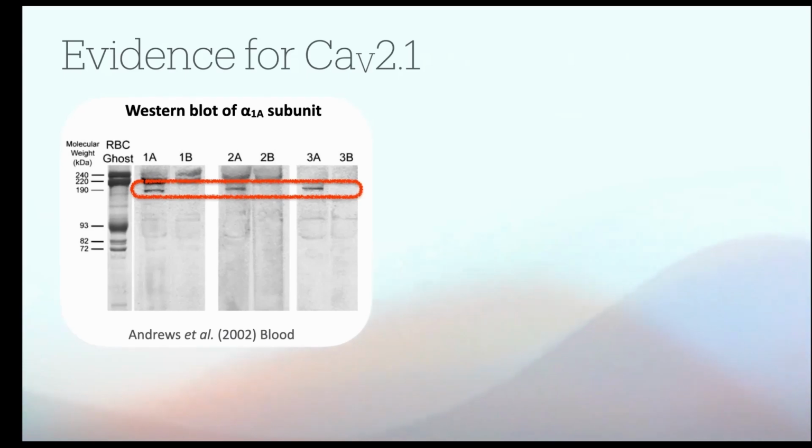So this is the Western blot band of three different donors, and in A you see the normal Western blot, and in the B lines you see how it looks like if the proteins were incubated with a blocking peptide, so that is here used as a proof of the specificity of the antibody.